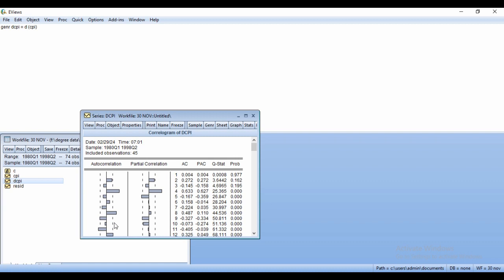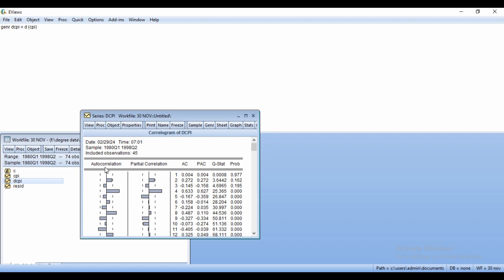The third step was to estimate ACF and PACF for ARIMA P and Q. P means autoregression, for which we have PACF, and for our moving averages we have ACF, autocorrelation factor.